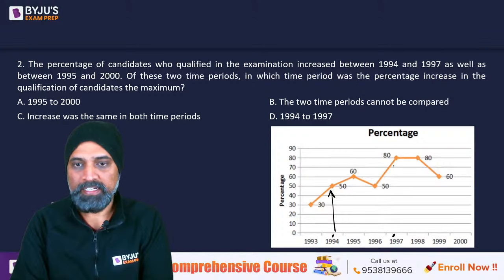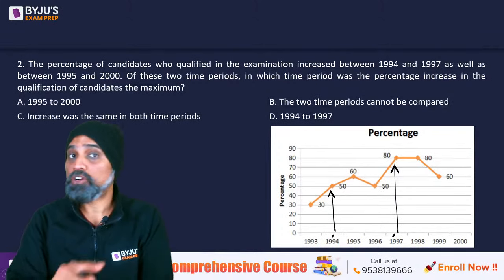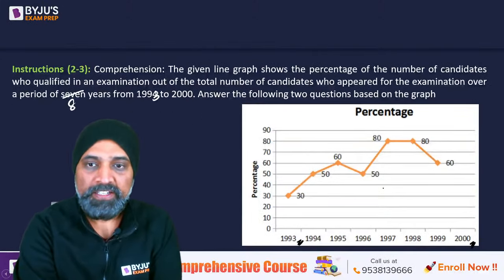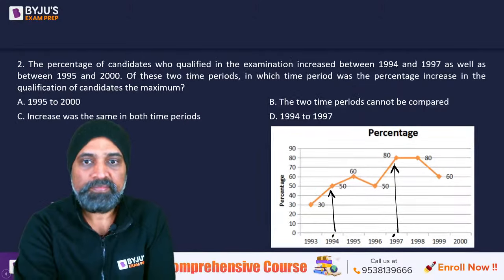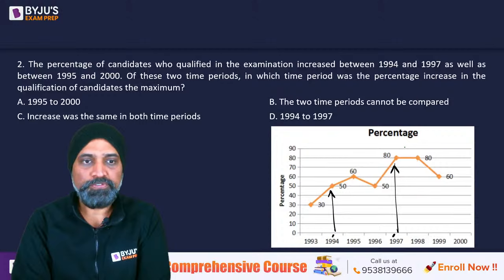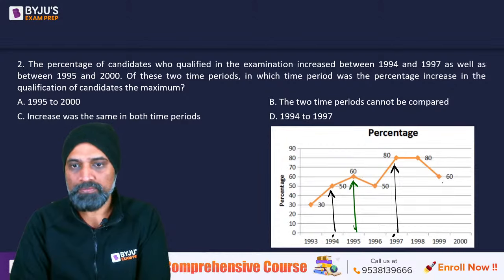Definitely, right? It's not the total number of students, but it's the percentage of candidates who qualified, right? And the next one it's talking about is the same is true for the period 95 to 2000.